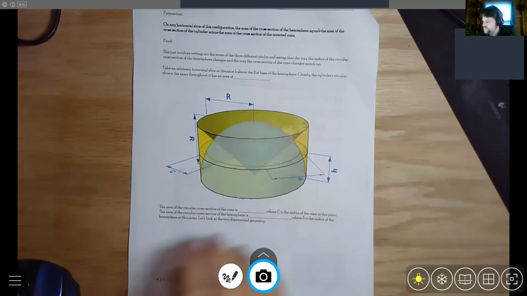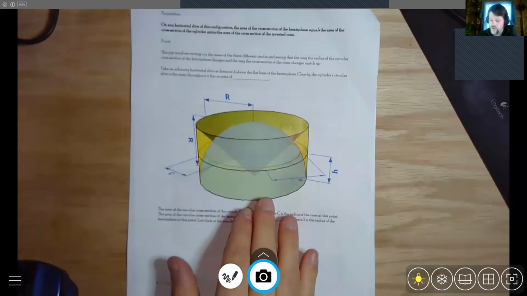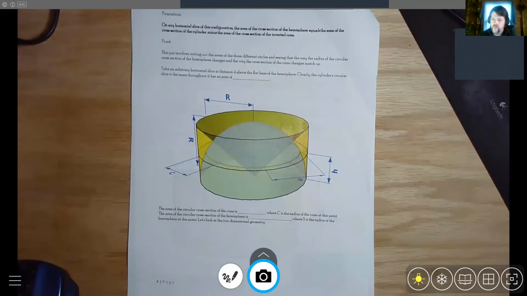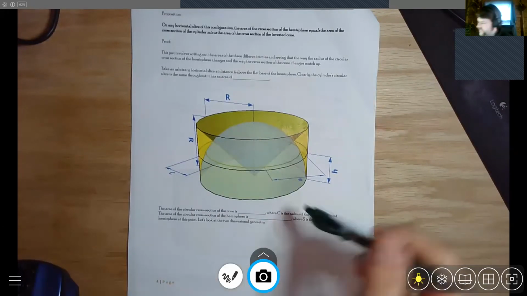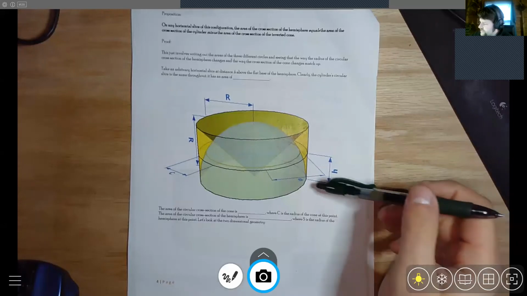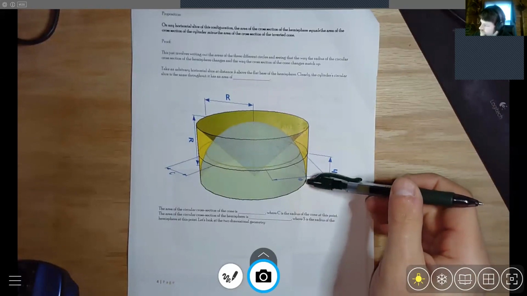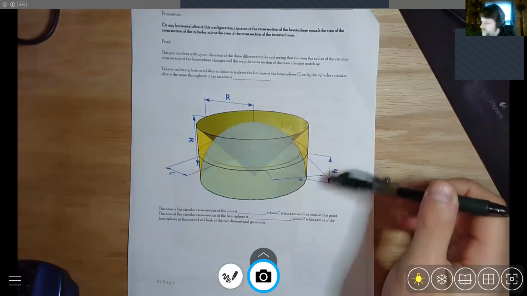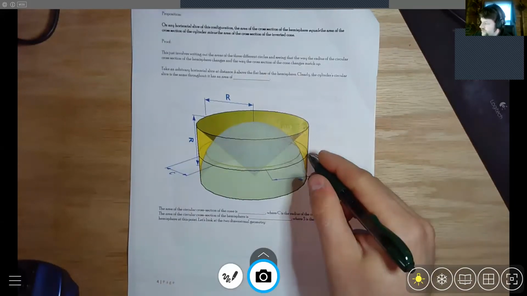So in this case, we have our cylinder, and we're cutting a horizontal slice through the center of this. It actually doesn't matter where we cut it. We're just picking an arbitrary spot. And what we're saying is that the distance from the base of my cylinder to where we cut this cross section, we're calling that h, the height above the base where we're cutting this cross section.